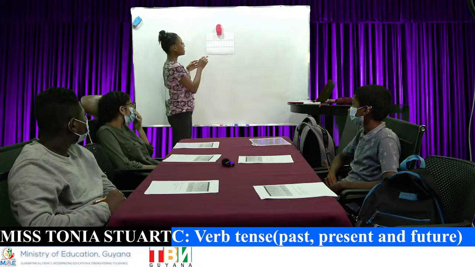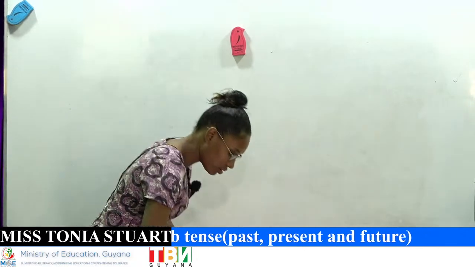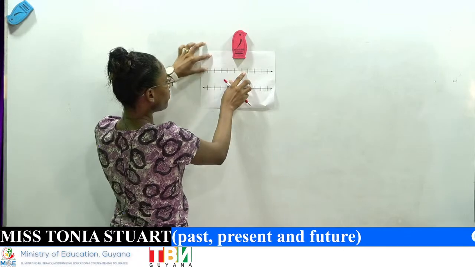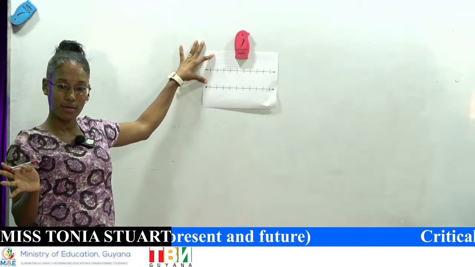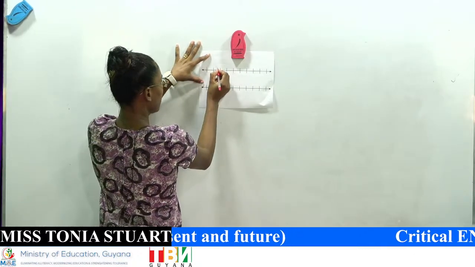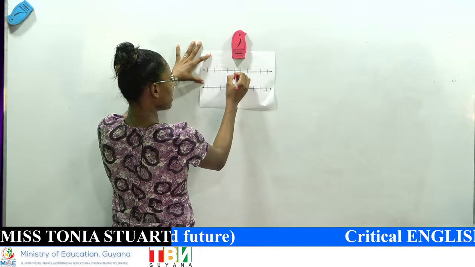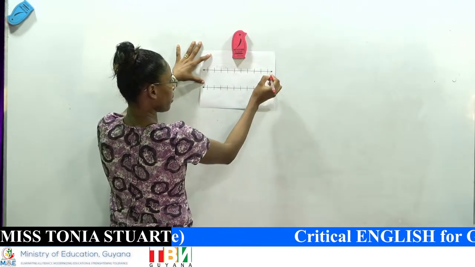So if we're going to the left, which direction would you say we're going? Back. And if we're going to the front, like to the right, you'd say we're going where?